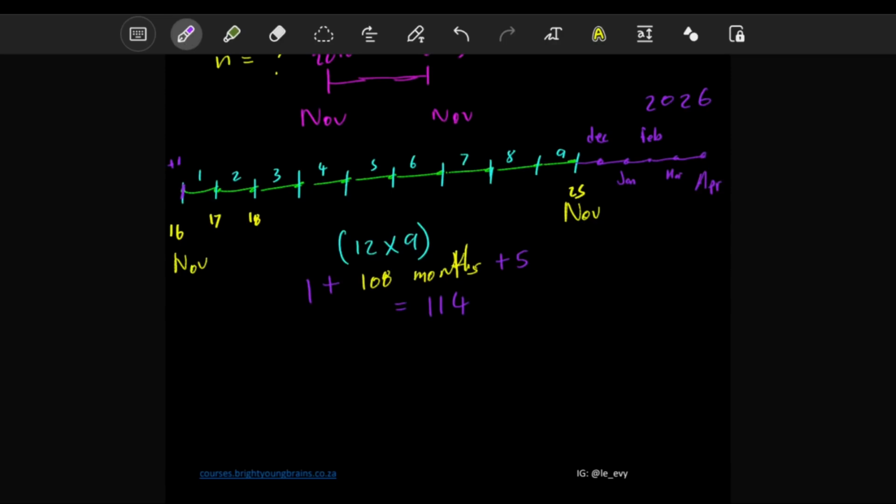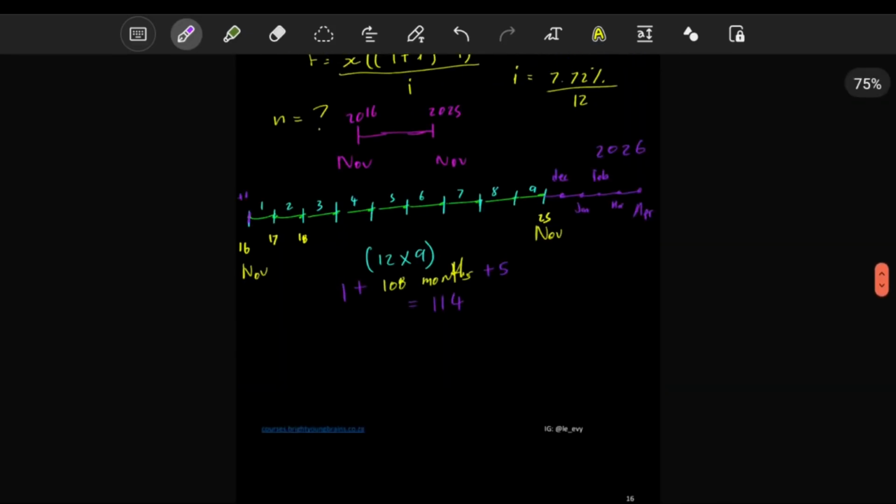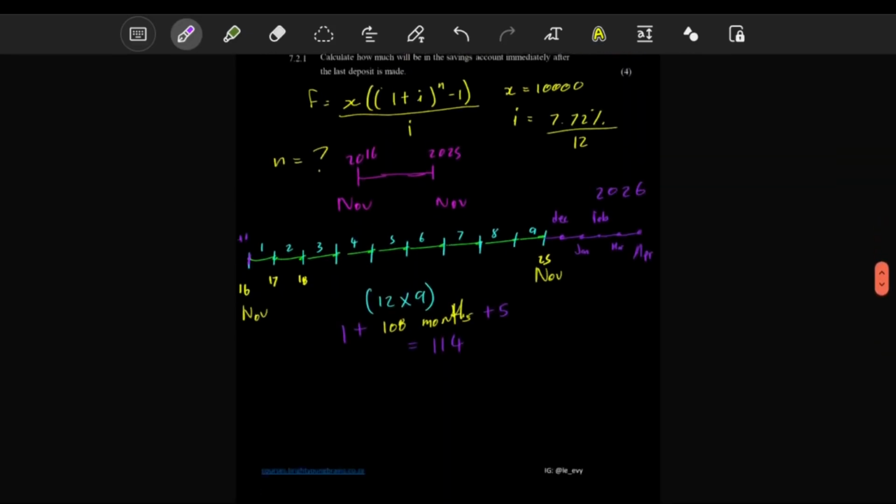That's going to be our value of n there. So these kinds of questions are kind of tricky because you can get thrown off very easily. But anyway, let's throw everything into our F formula now and carry on.